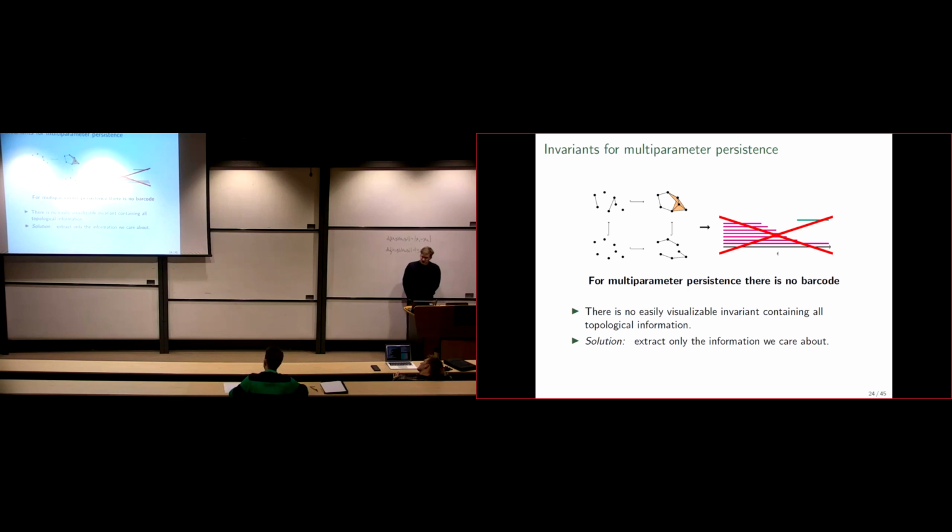And the solution to this problem is simply to only extract information that we care about, or try to, at least. Okay, so here in the multi-parameter setting, there are a number of different types of invariants, and I will give you a selection of examples. This is not an exhaustive list, but there are many more.